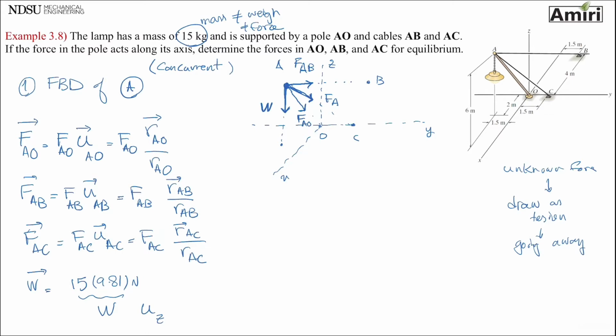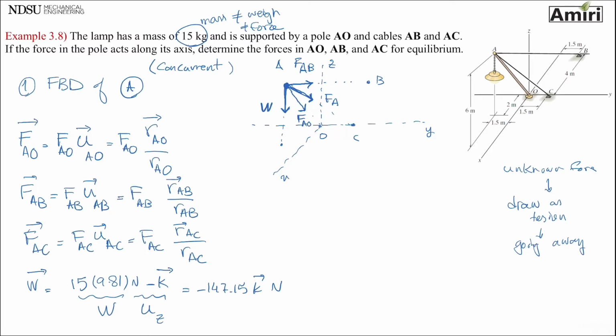So even for W, we are kind of using the position vector, but because it's just Z-axis, we know that it's like this. So it's basically 147.15 kilonewton. This one is easy. Again, for W also, we are doing the same thing as FAO, AB, and AC, but because it's straight down, we do a lot of it in our heads.